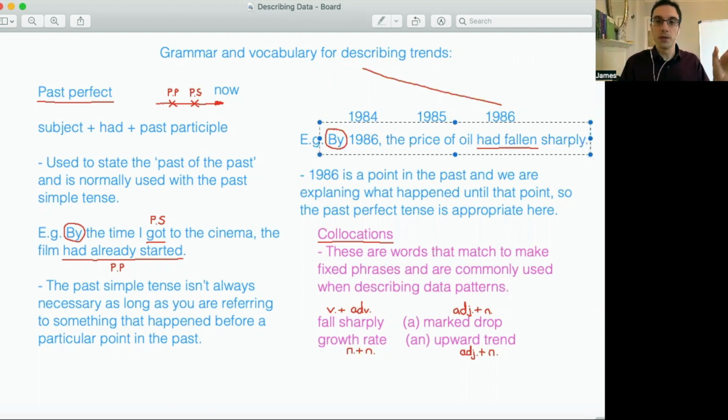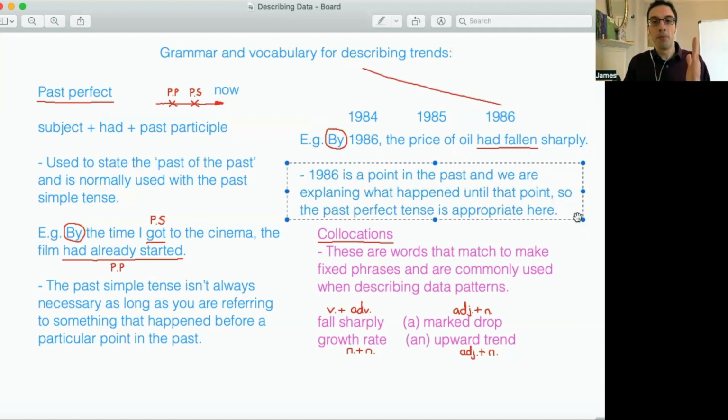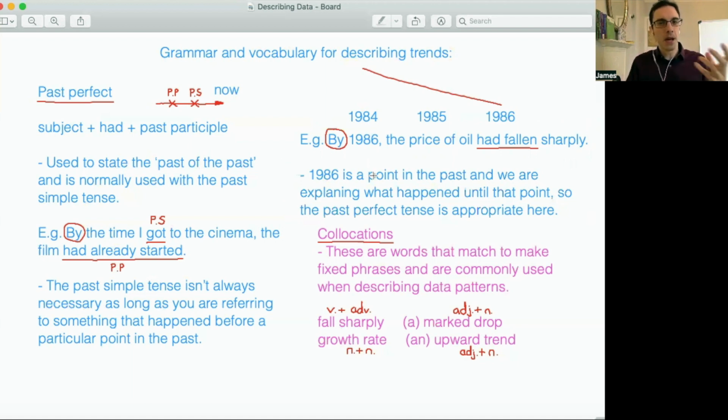Price of oil, subject, had, and then fall, fell, fallen is your past participle. So the reason for this is that 1986 is a point in the past, and we are explaining what happened until that point. So the past perfect tense is still appropriate here. Okay. And this is the kind of way you'll need to describe your data.